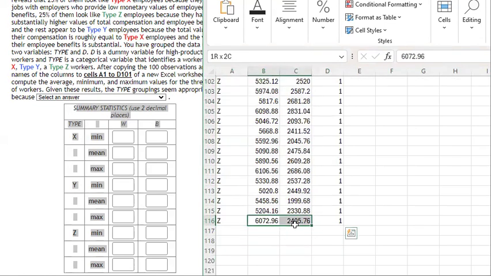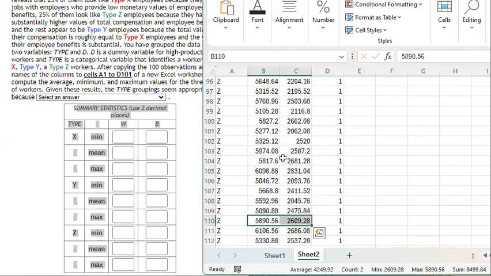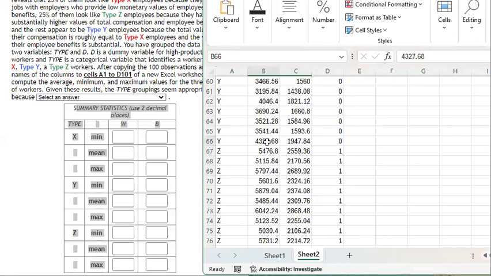Total compensation here, let me show you this. I got my sum right there. That's 85 a month, 75 a month, 85 a month, 78 a month, right? What about type Y employees?